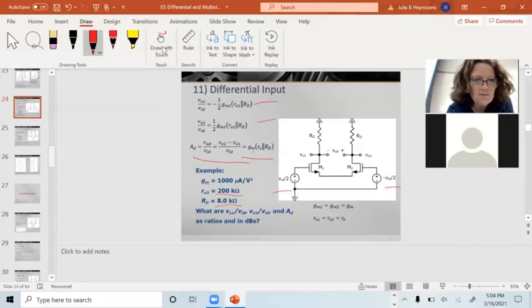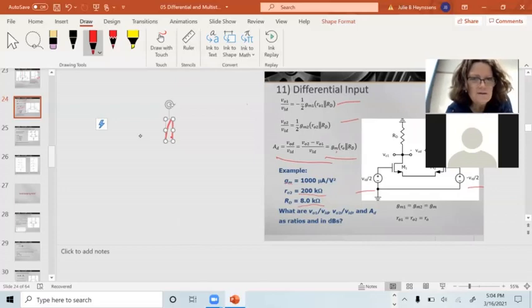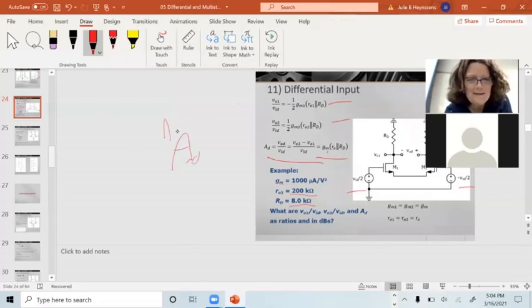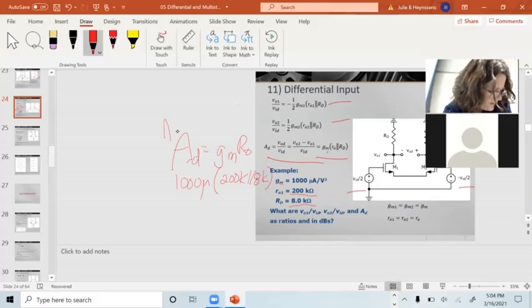So the voltage gain, Ad, equals gm RO. gm is 1,000 micro. My RO is 200K in parallel with 8K, which is going to be a little less than 8K, and I didn't actually calculate that.